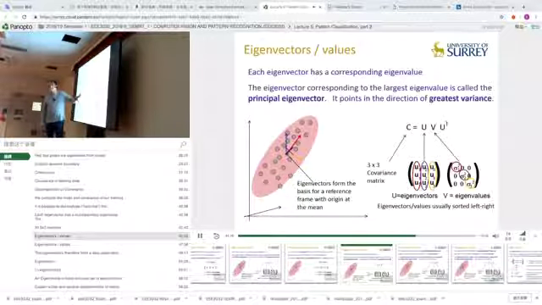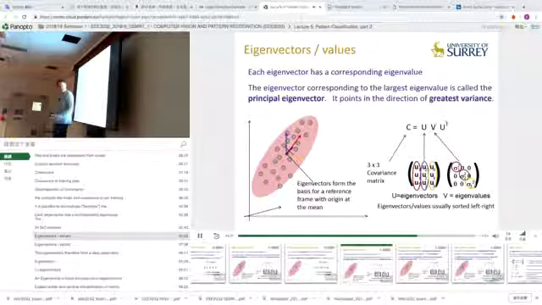It's the direction of greatest spread of these points. The second eigenvector and the third eigenvector, in fact all of the eigenvectors are orthogonal. They're all perpendicular to one another. This second eigenvector points in the direction of second greatest variation under that constraint. The third, in the direction of third greatest variation.